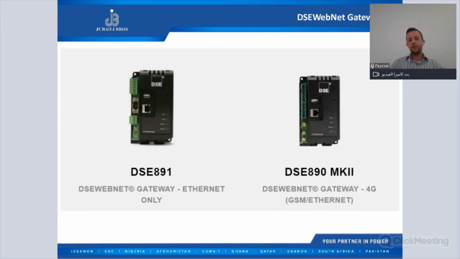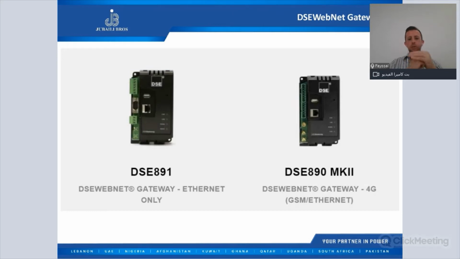Now, let's go into the DSE WebNet. So, to utilize the DSE WebNet service, we'll have to install a gateway which connects our DSE genset controller to the internet, to the World Wide Web, to the DSE service, and from that point to the end user.